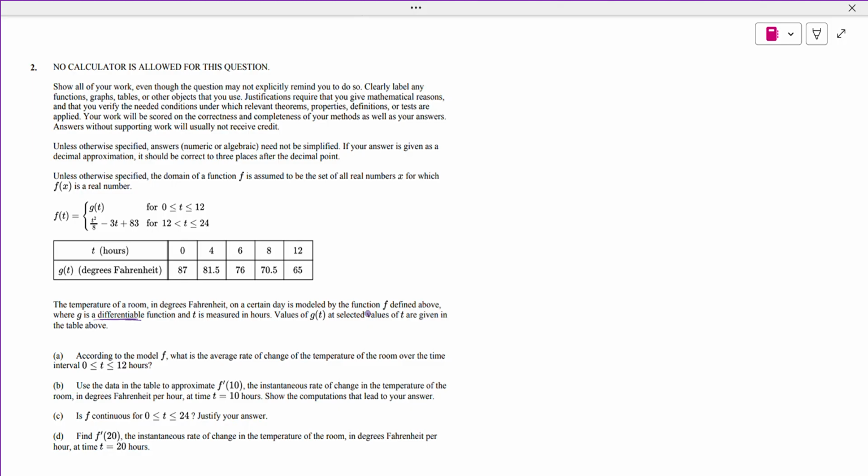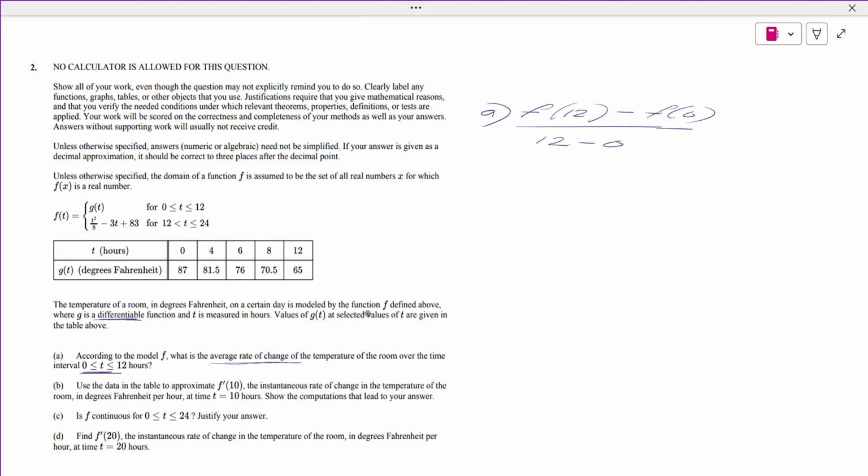Part A, according to the model, what is the average rate of change of the temperature? This is simple. Average rate of change over the interval from 0 to 12. We say, what's the average rate of change for which function? For f. So we say f of 12 minus f of 0 over 12 minus 0.